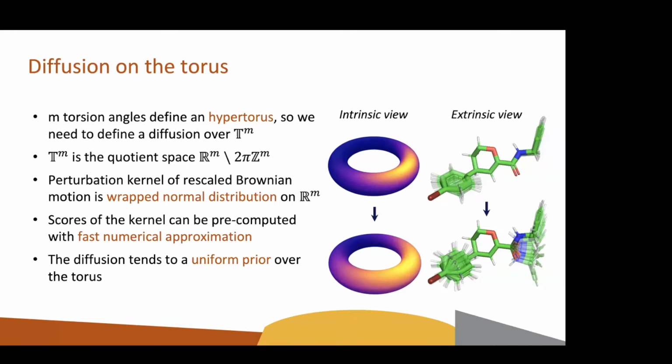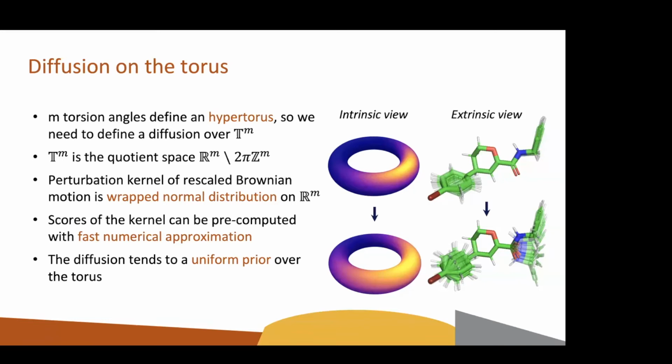On the right-hand side, we're trying to show a little bit of a visualization of how distributions on the torus map to distributions in conformational space. So here we're introducing two different views of the diffusion process, which we will later elaborate on greatly. One of these is the intrinsic view, where we are looking at the space defined by the torsion angles, which, as I've described, is the torus, and you can see the evolution of a heat kernel on the torus.